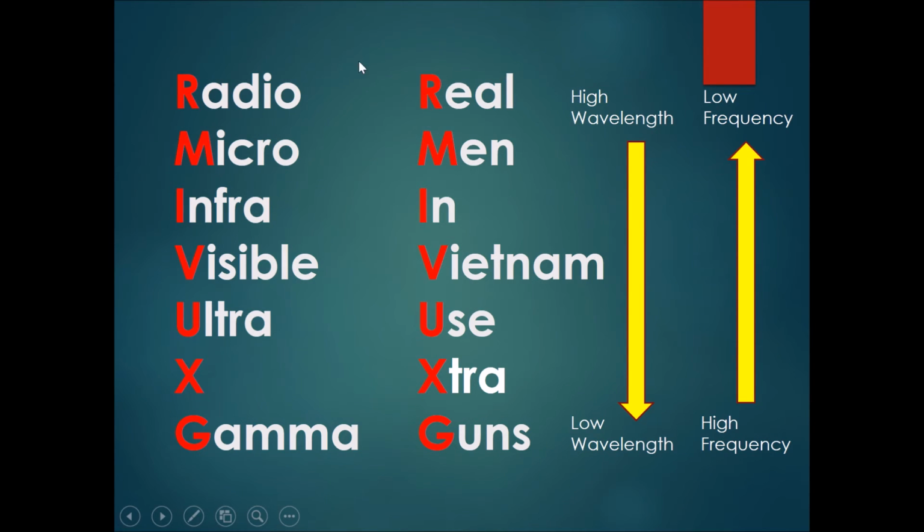Therefore, the R for radio has the highest wavelength, and it goes all the way down to the lowest wavelength, which is the gamma. So, in inverse proportion to the wavelength is the frequency. Therefore, if the gamma has the lowest wavelength, it should also have the highest frequency. And therefore, we can extrapolate that the radio should have the lowest frequency.